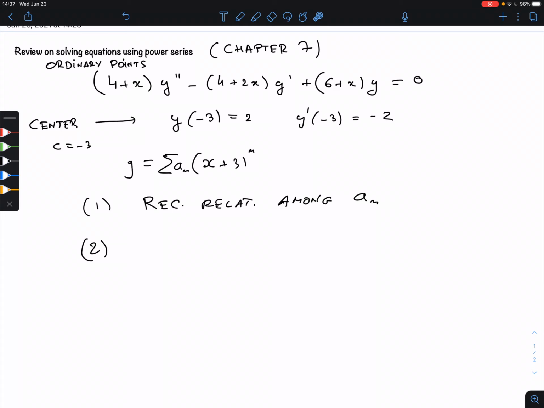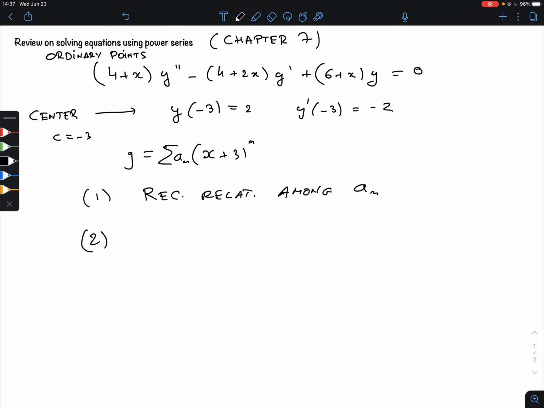It's always the radius of convergence from the center to the nearest root. There's only one root here, negative 4, so the radius of convergence is most likely just 1, which in terms of series is not very big. But that's not our concern, I'm just mentioning it so you don't calculate it.